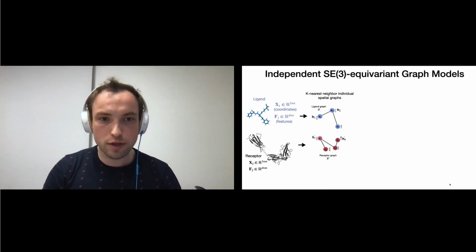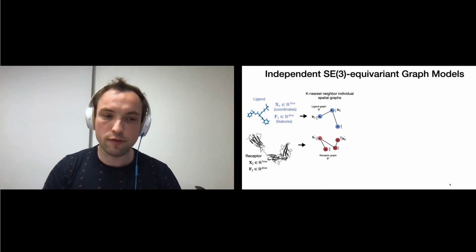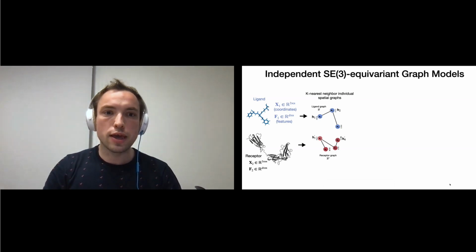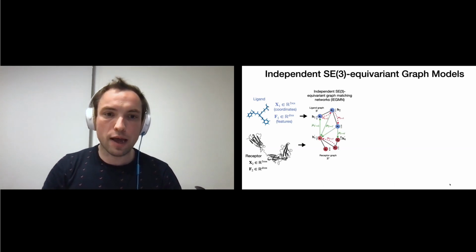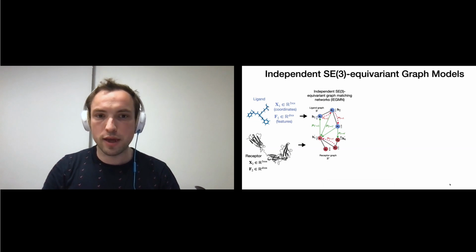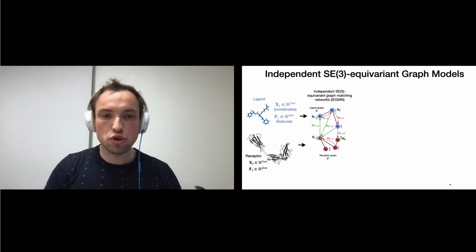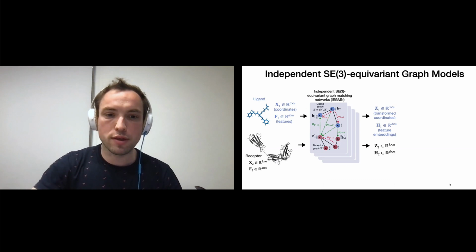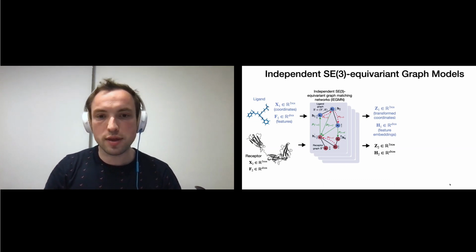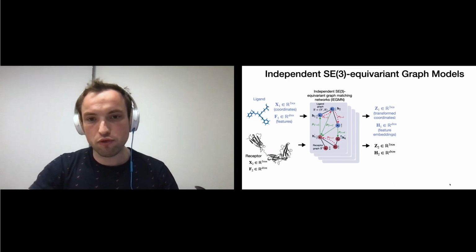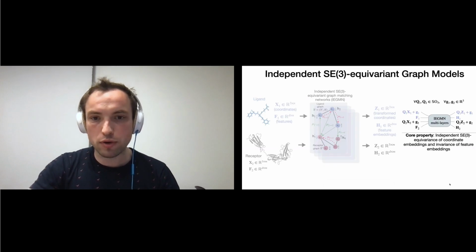The way our architecture works is that it first converts the two individual molecular structures into k-nearest neighbor individual spatial graphs, and then applies previously developed independent SE(3)-equivariant graph matching networks, which consist of intra and inter-molecular messages. We stack several such layers to jointly transform coordinates and features of the two molecules.